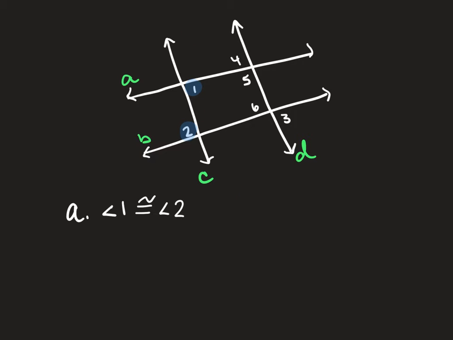So we would say that A is parallel to B, and they are alternate interior.